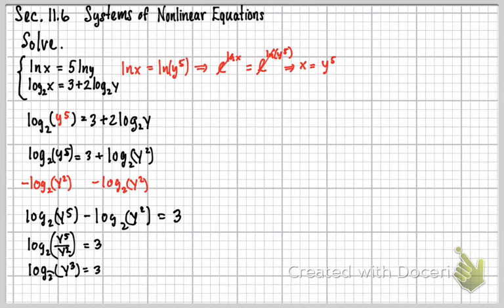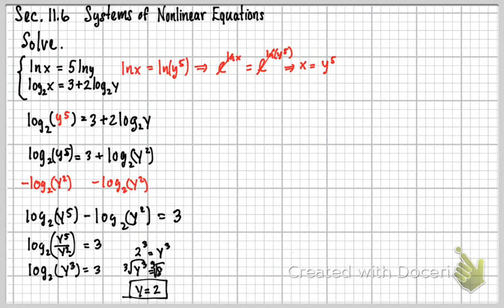So it's 2 to the other side equals whatever I'm taking the log of. So that's going to be 2 cubed equals y cubed. So y cubed equals 8, which means when I cube root both sides, I get y equals 2. So there's my answer.